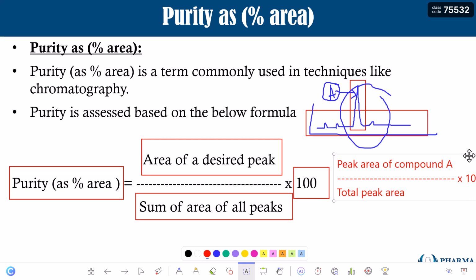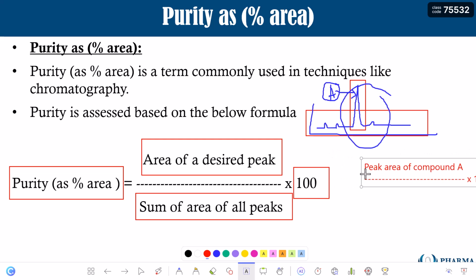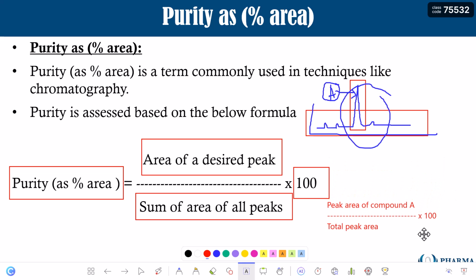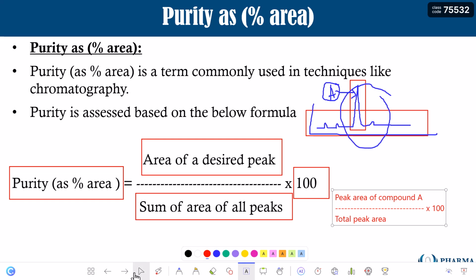So this is the way you can easily calculate the purity of a compound A on percent area basis. I hope you understand how this purity on percent area is calculated.